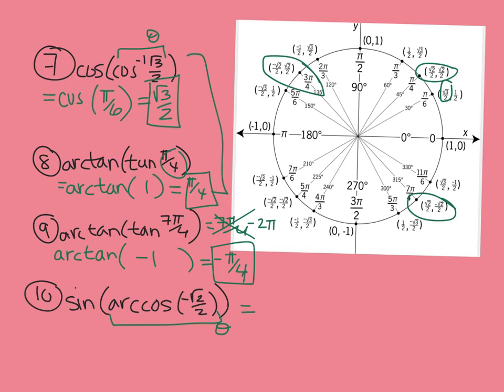That is going to be 3 pi over 4. Now I have sine of 3 pi over 4. By the way, it's okay that I have a 3 pi over 4 here, even though it's not in the range of inverse sine. We don't have an inverse sine, we have a regular sine. So sine of 3 pi over 4 is just going to be radical 2 over 2.